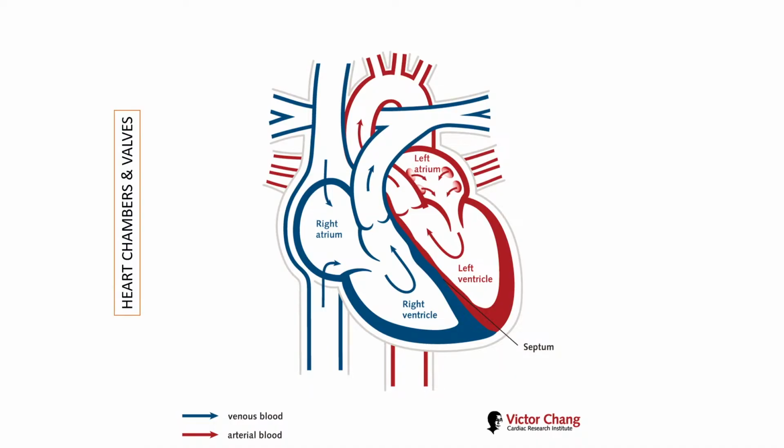So the heart has 4 different chambers, as you can see in this picture. We have a chamber called the right atrium, and this atrium receives deoxygenated blood from your body.